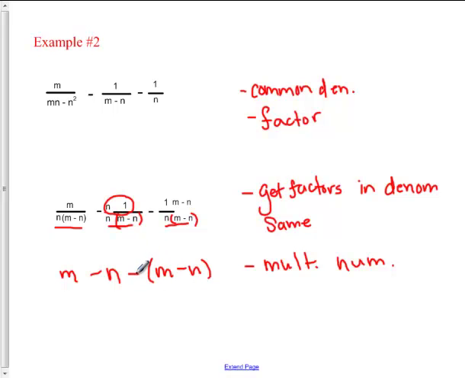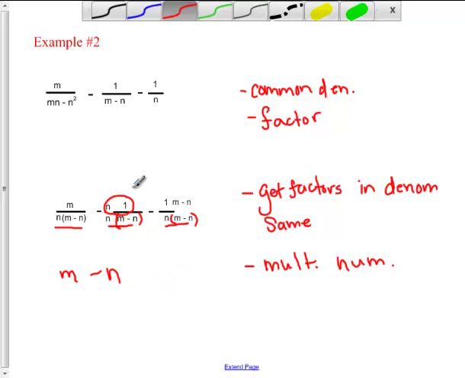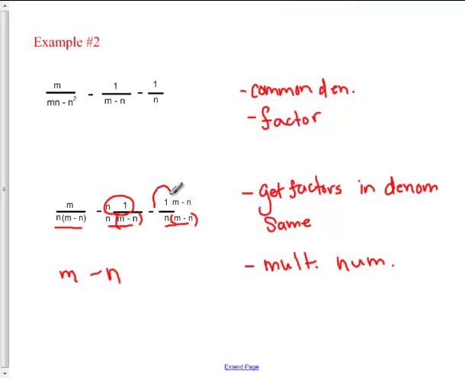And at this point, as soon as I see this minus, I'm going to distribute it. So I'm going to actually take this back, and I'm going to distribute that minus, so I don't have anything to worry about. Distribute it to this, distribute it to that. So I get minus m, and I get plus n. And that's all over n times m minus n, because they're common denominators.